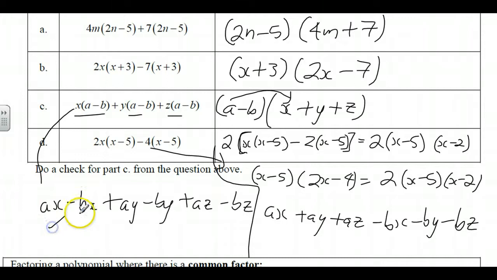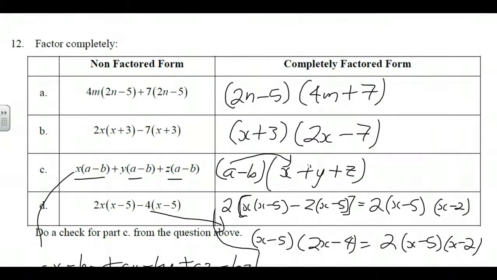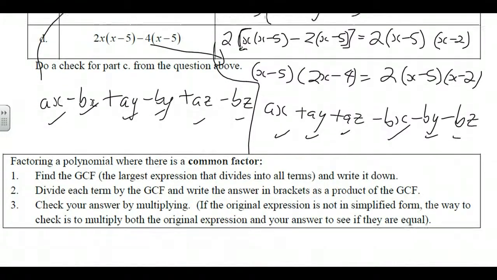We got AX minus BX plus AY minus BY plus AZ minus BZ. Okay, so that is a check, right? We have checked it out by expanding the factored form, and the, well, it's not really a simplified form, is it? The non-factored form.